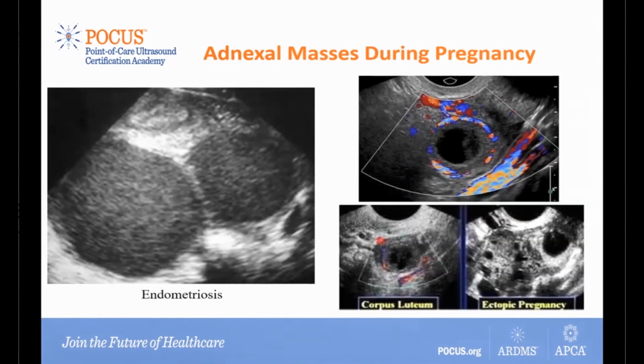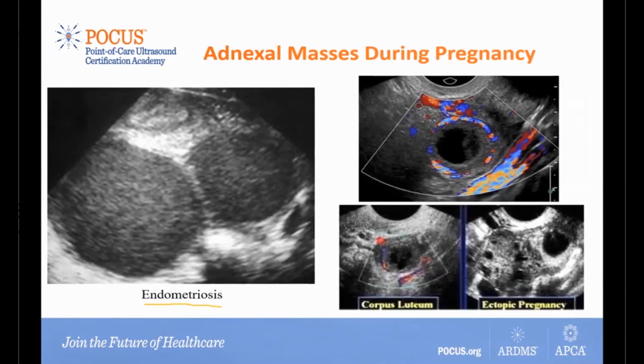Here are some more examples of adnexal masses that you may accidentally come across while examining the uterus for intrauterine pregnancy. On the left-hand side, we have a classical case of endometriosis, and you see the low-level echoes in here, and in these two cystic lesions.